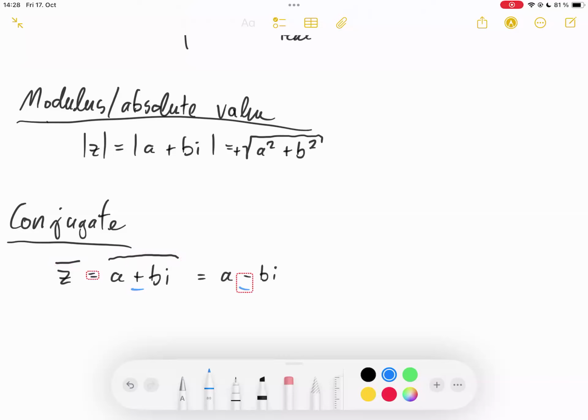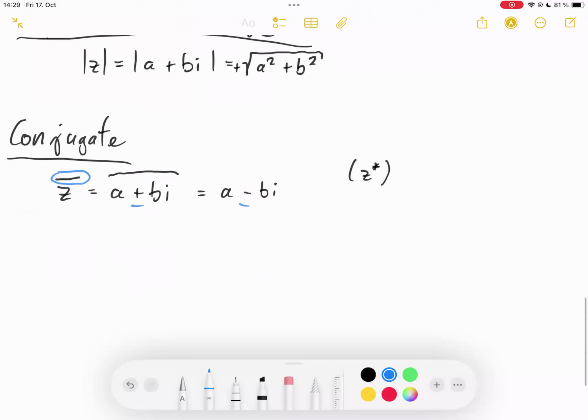And there are some other notations. Sometimes this is written as a z star, for example, or we have this z bar on top of here. These are two notations that are quite common, and we can look at one example.